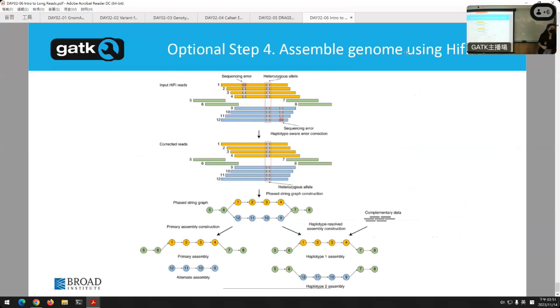But with long reads, we're able to construct much longer, more accurate haplotypes and actually perform whole genome assembly for a given sample. That's a new and exciting way of exploring genome variation that's become possible with long reads. All right, and that's all I have on long reads.